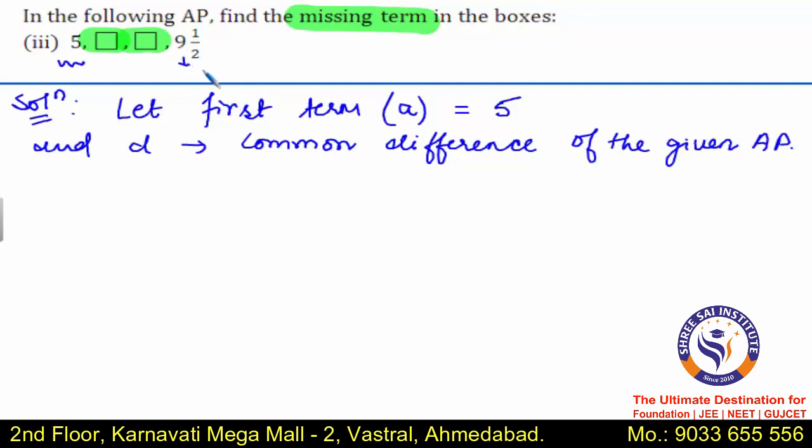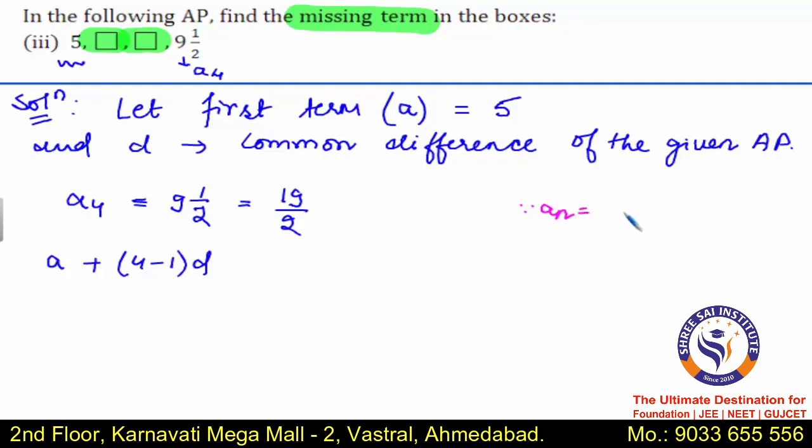Also, we are given the fourth term, which is equal to 9 then 1 upon 2, and this is equal to 19 upon 2. Now, the fourth term of the AP is A plus 4 minus 1 into D, since the nth term of an AP is defined as A plus n minus 1 into D. So here we have A plus 4 minus 1 into D is equal to 19 upon 2.